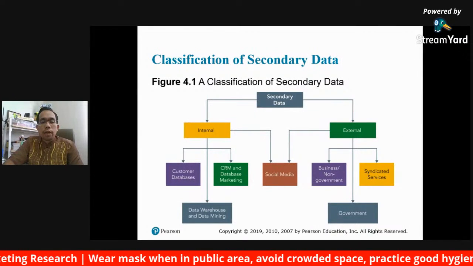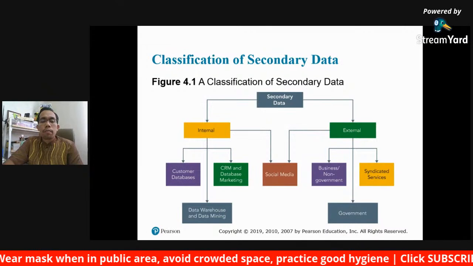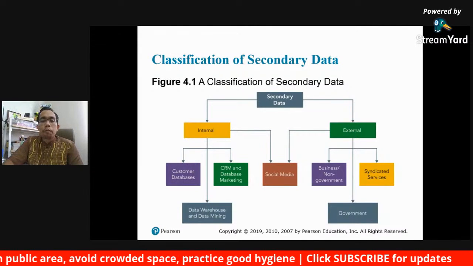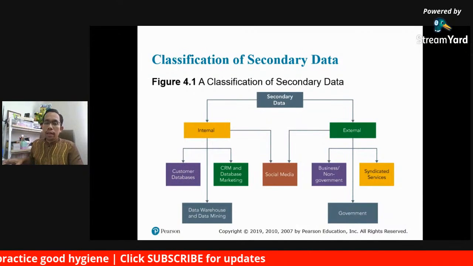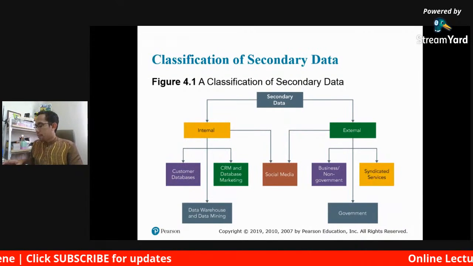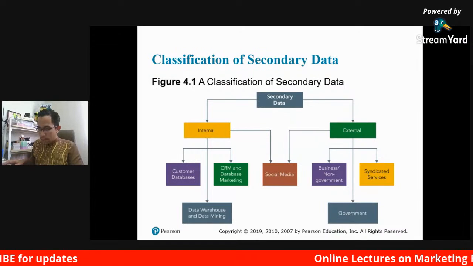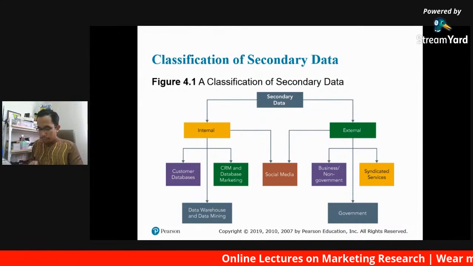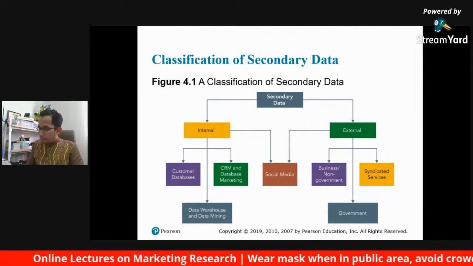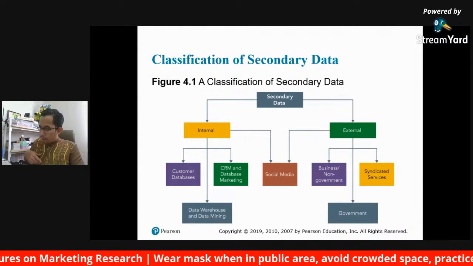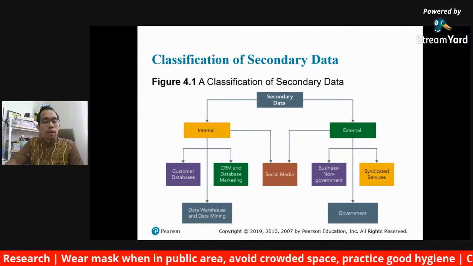Classification of secondary data. Secondary data can be obtained from two sources, either internally or externally. Internally means available within the organization for which the research is being conducted.